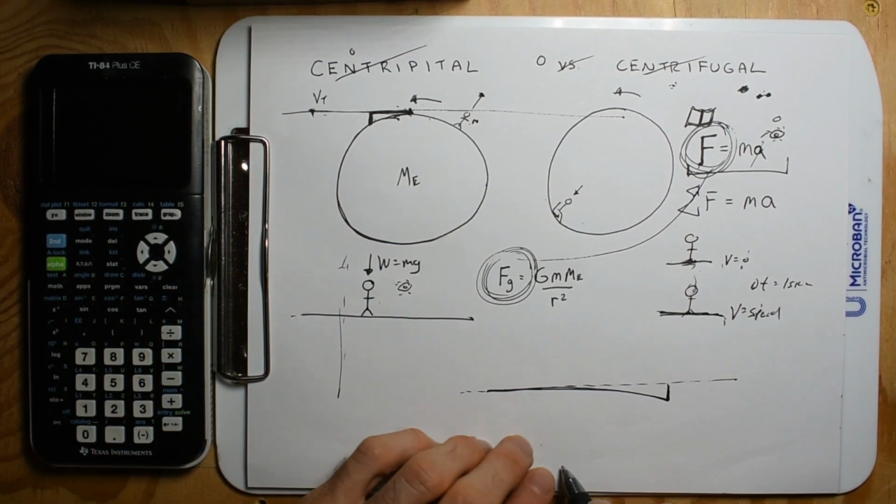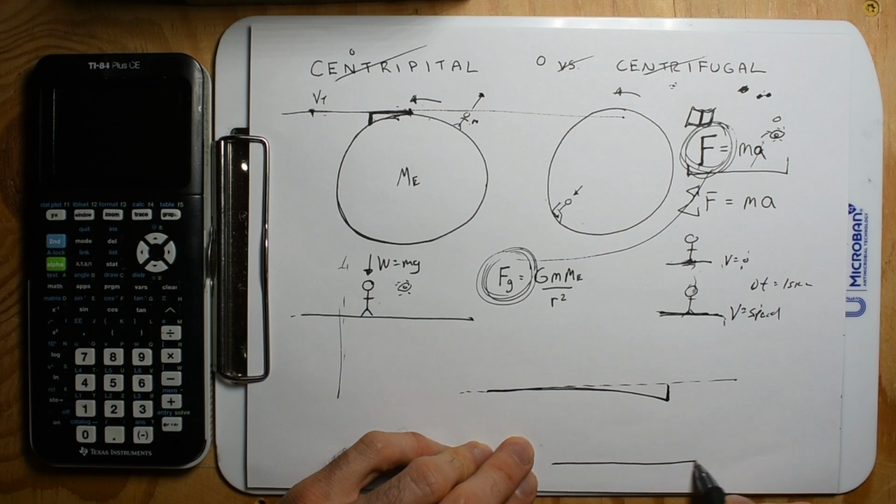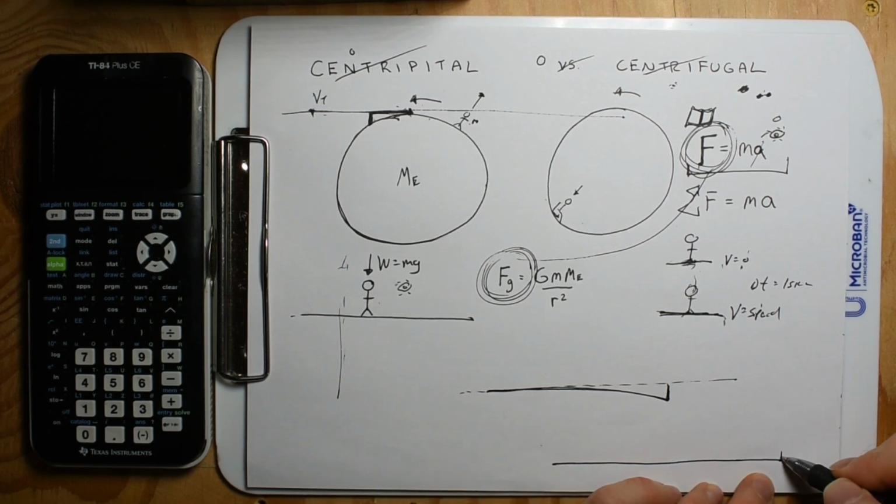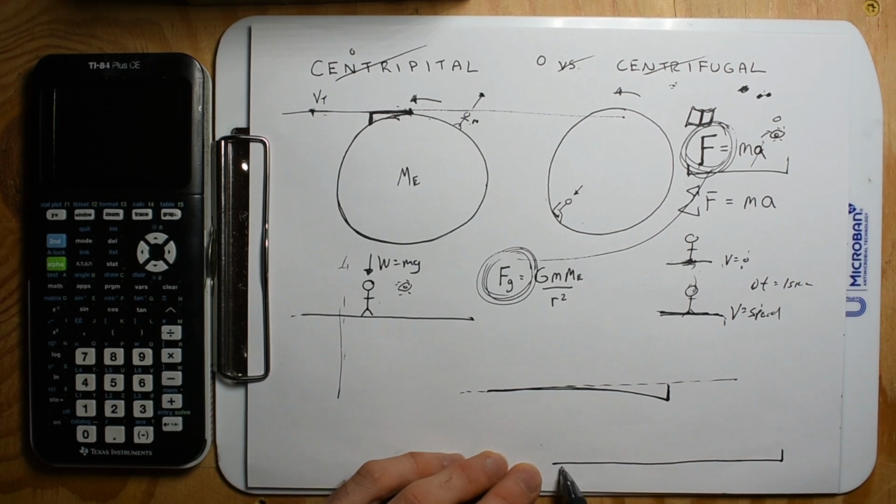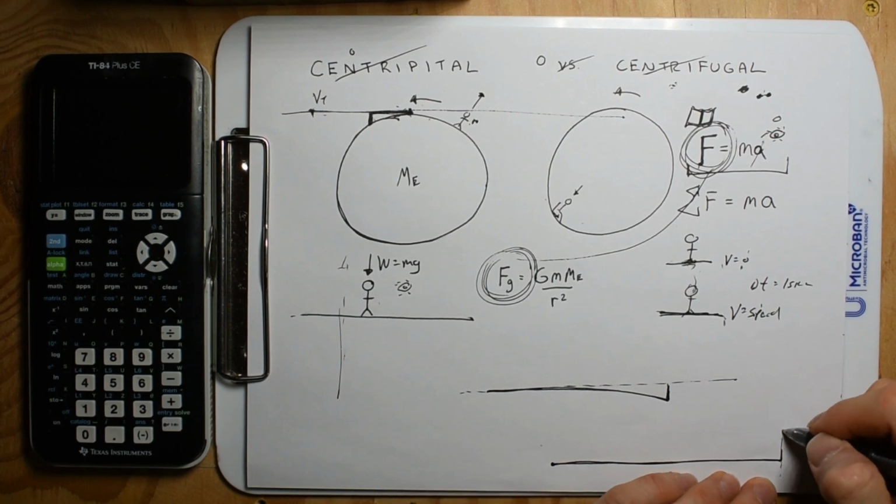The other way to draw this is: here's the center of the Earth, here is the radius of the Earth. We want to move tangentially, but we're not. We're moving slightly in a curved path.